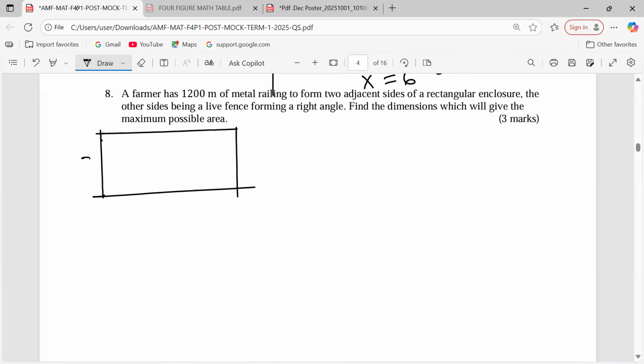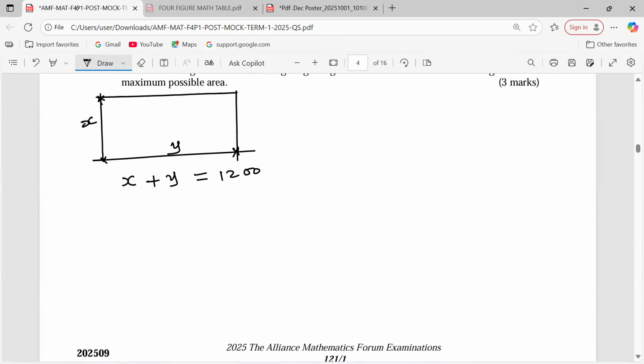We can have X and Y. Then we will say, according to the length here, which is supposed to fit on two adjacent lengths, then X plus Y should give us 1200. And from this, we can express Y, right?